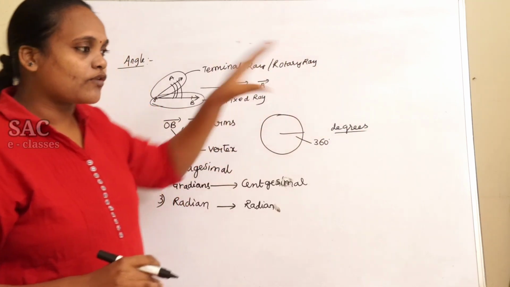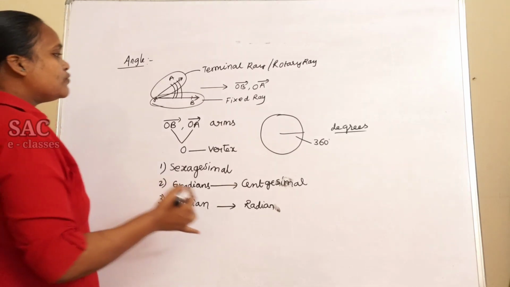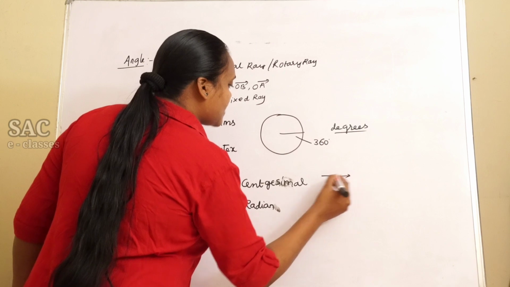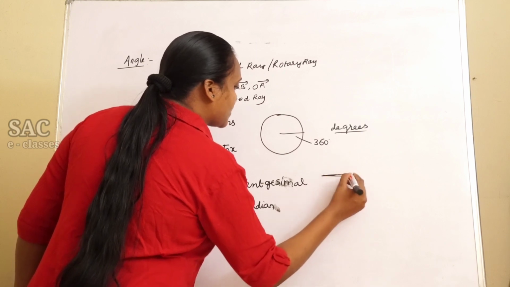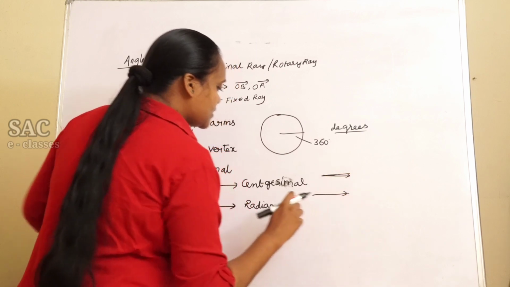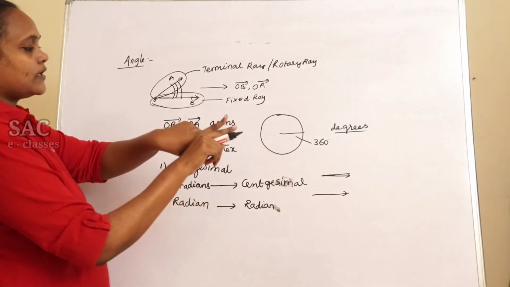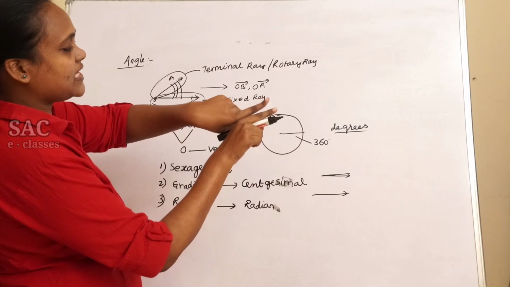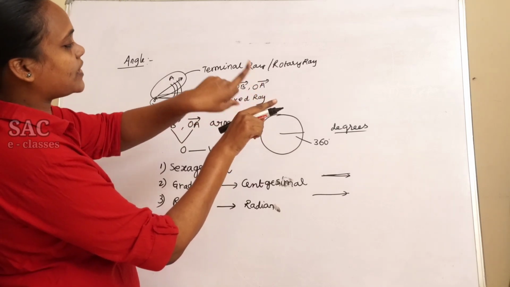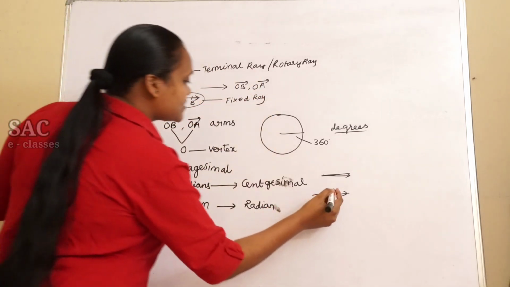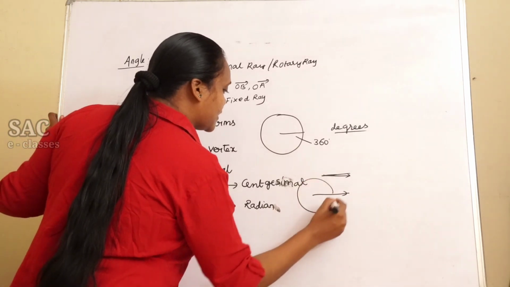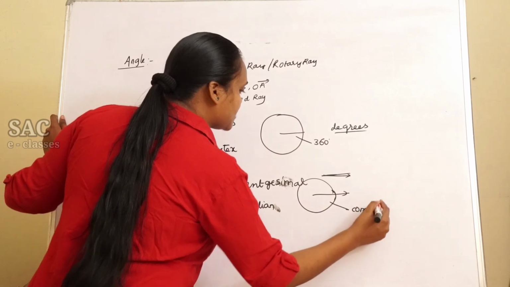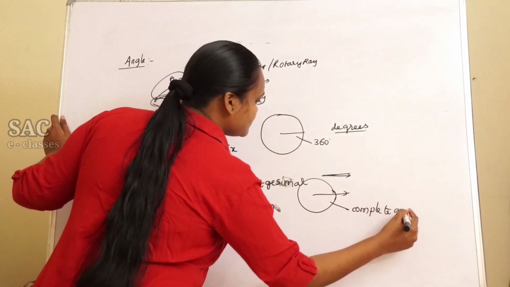Usually, when an initial ray and a terminal ray are both here like this, then when the terminal ray, this is my index finger, starts rotation and completes one particular revolution, then one revolution is completed, so it is a complete angle. Right?